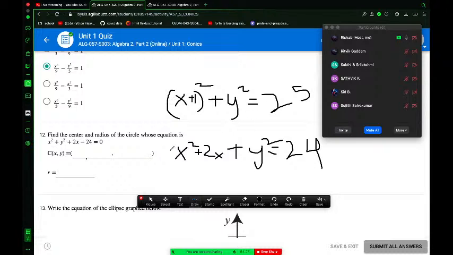So now let's find the radius. If you look at this, you know that this is a perfect square number, and you know that the equation's form is x minus h squared plus y minus k squared is equal to r squared. To find the value of something that's being squared, all you have to do is square root it, which is basically doing the opposite of a square.